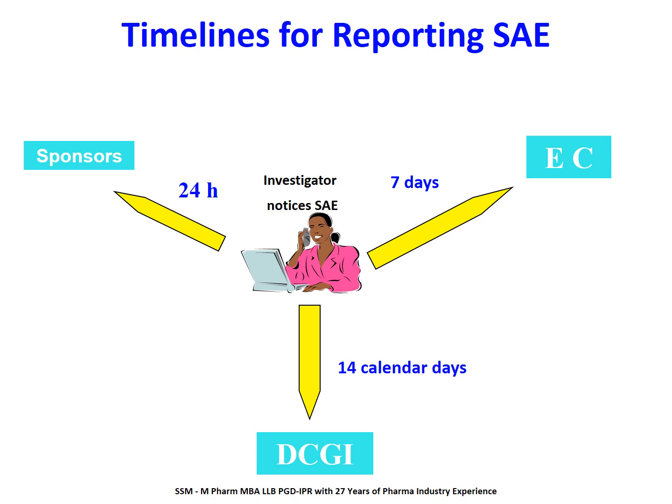So in India, if the adverse event occurs during a clinical trial, then the investigator needs to report the serious adverse event within 24 hours to the sponsor, within 7 days to the ethics committee or institutional review board, and within 14 days to the regulatory agency, that is DCGI.